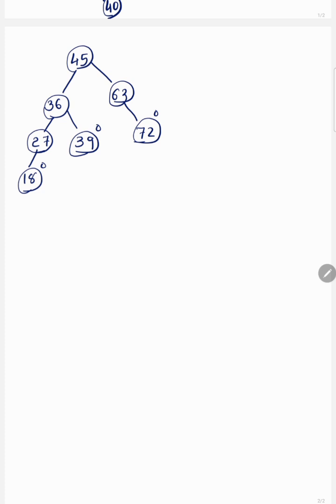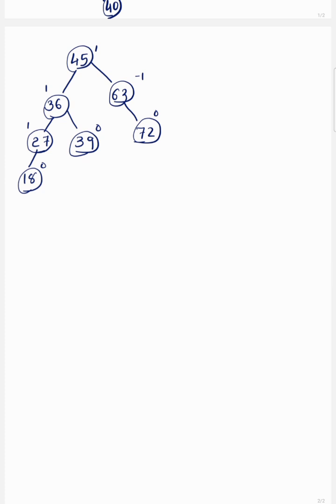Now the balance factor of 72, it's a 0. For 18 it's a 0. For 39 it's a 0. For 27 it's 1 minus 0, so 1. For 36 it's 2 minus 1, so 1. For 63 it's 0 minus 1, so minus 1. And for 45 it's 3 minus 2, so 1.